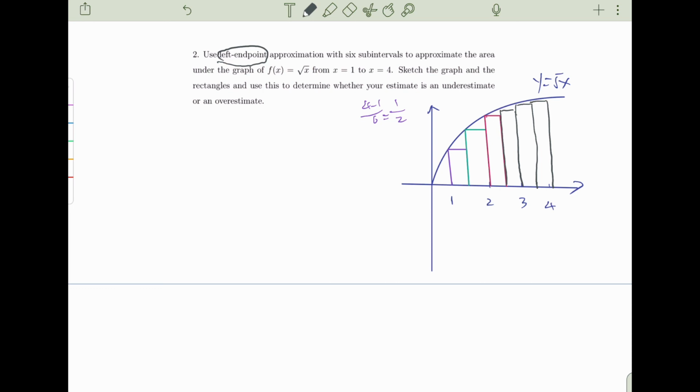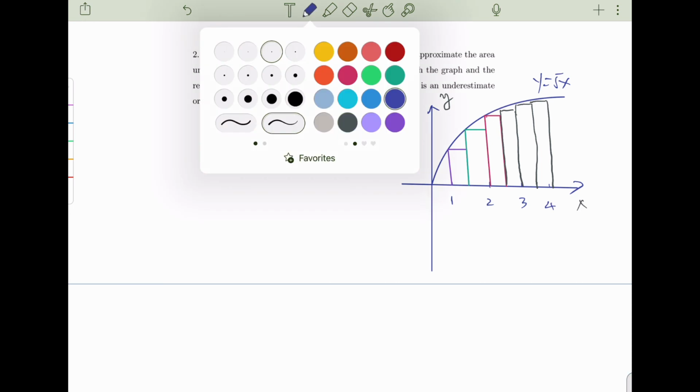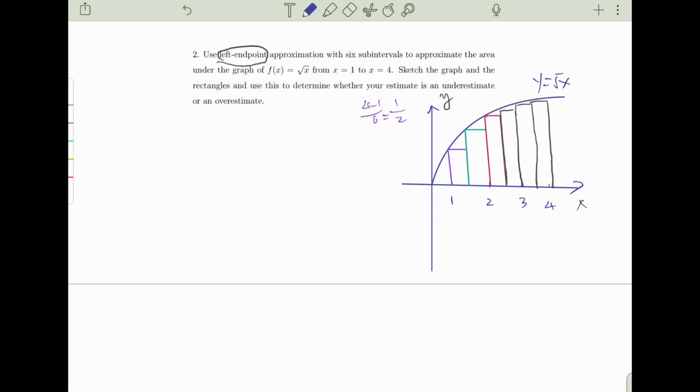It looks like this. This is x. Now, I want to approximate its area, and let me write this formally. We've got the left endpoint a equal to 1, the right endpoint b equal to 4.